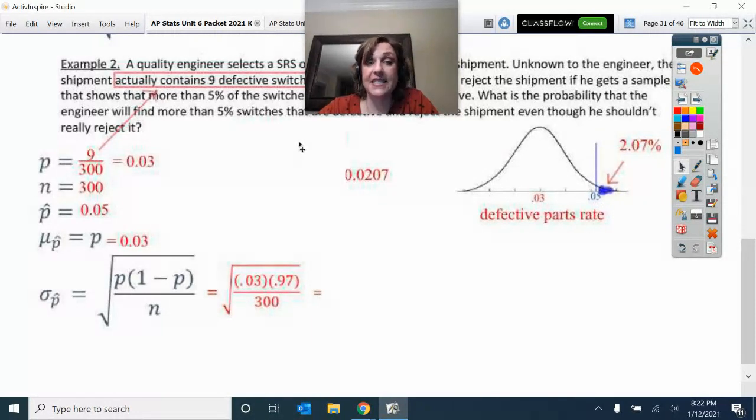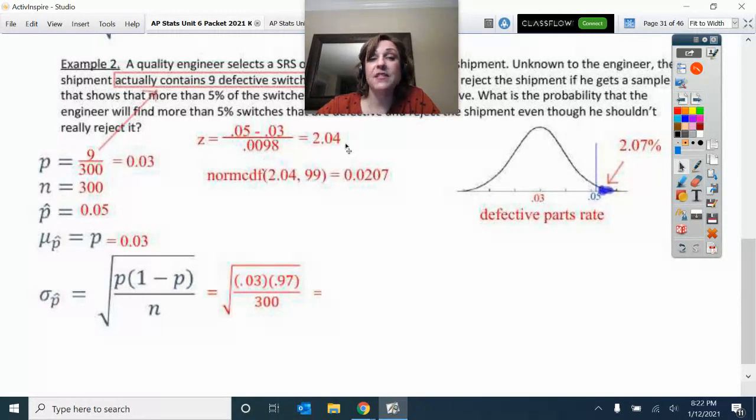So let's get a z-score and then compute. Our z-score is p-hat minus p over the standard deviation of p-hats. And that's more than 2 standard deviations away. So he would be getting an outlier result if he got 0.05. That's good, because if it's really 3%, we don't want to reject it.